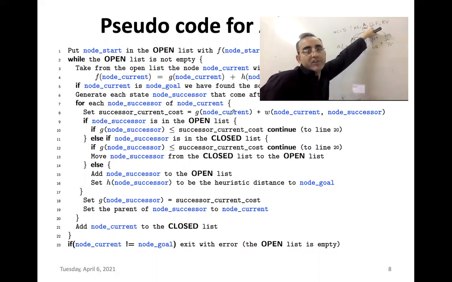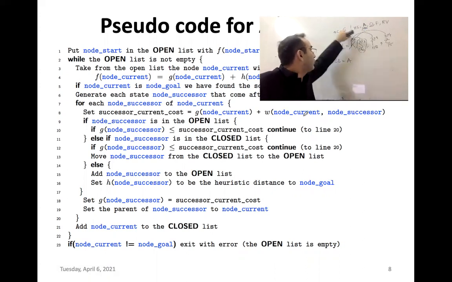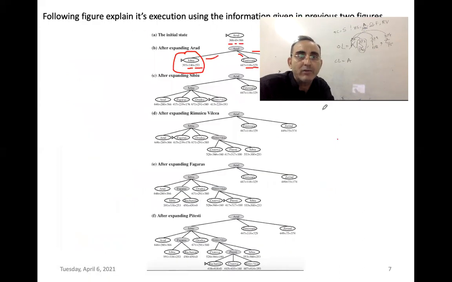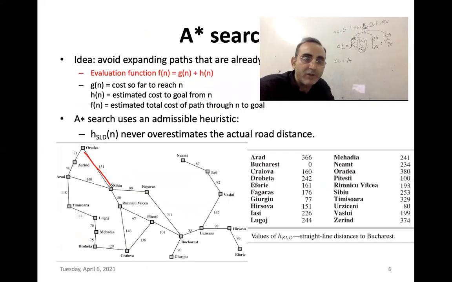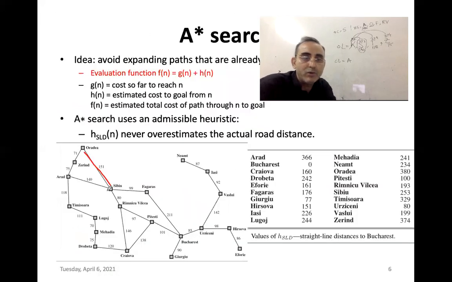We are considering this one. And the weight from the current node, which is Sibiu, to the successor node, which is Oradea, is basically 151. This one, which I have highlighted, from Sibiu to Oradea, it is 151.